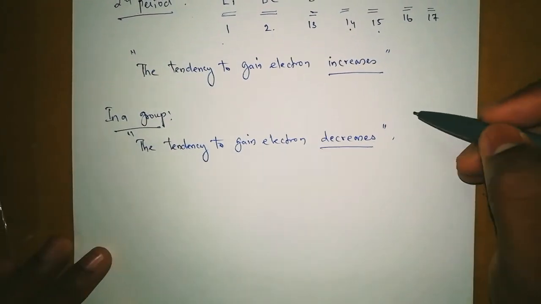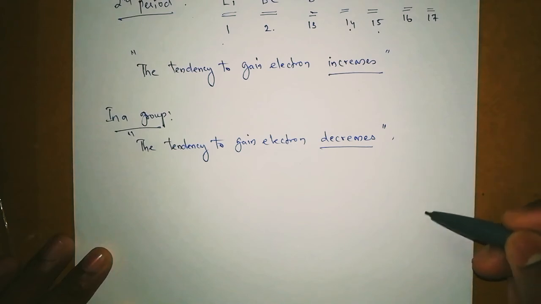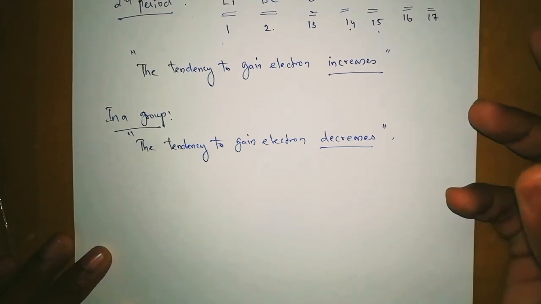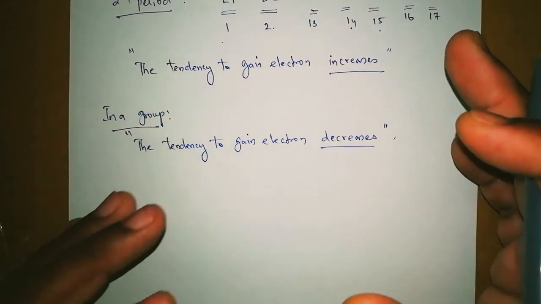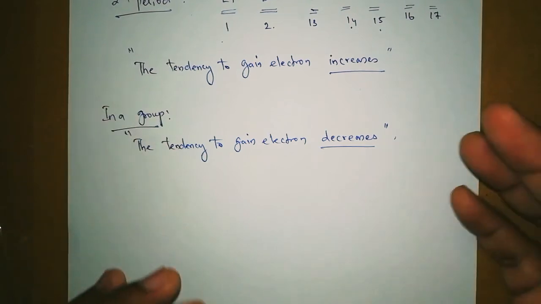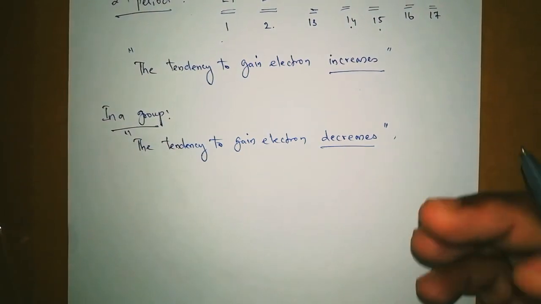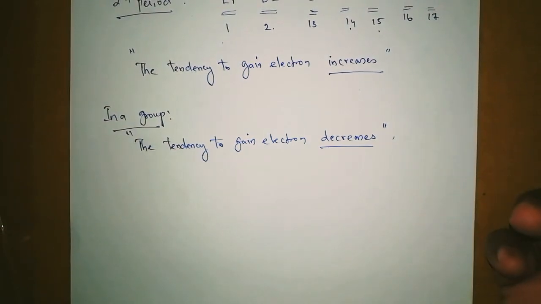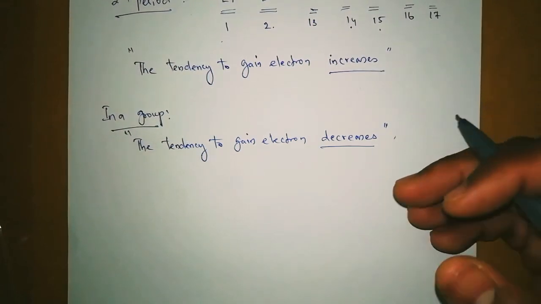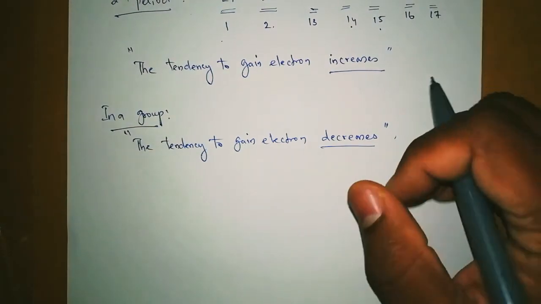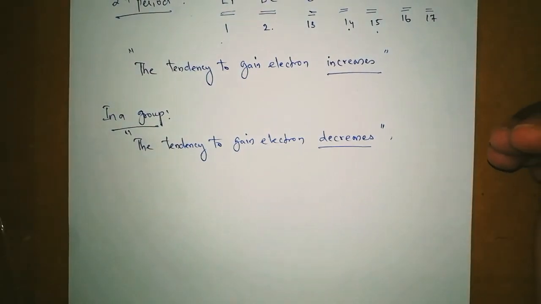It is because as we go down the group, obviously the atomic number increases, so atomic size will also increase. When the atomic size increases, the tendency to gain electron automatically decreases. The size becomes larger, so they have no need for more electrons. So the tendency to gain electron automatically decreases.